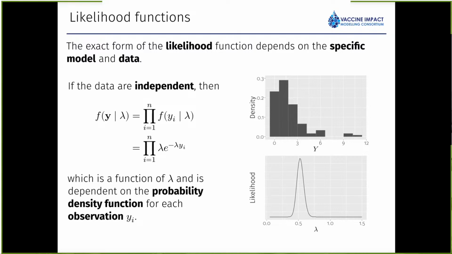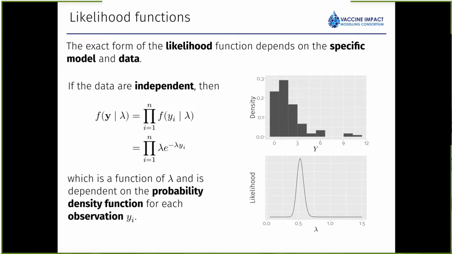Now, in the case of estimating parameters, we have observed Y. So the other way of thinking about a likelihood function is that it is some function of the unknown parameters. The only unknown in here is lambda.